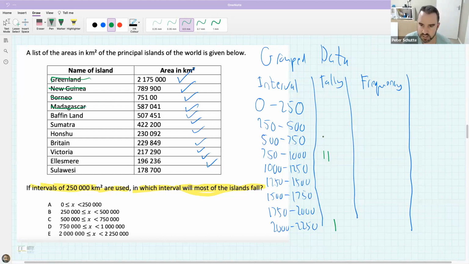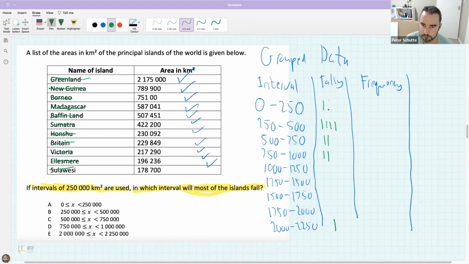So 587 is there. Bufferland, and I don't know where that is. Sumatra, 422. So Sumatra has to be here. Honshu, sounds like Korean or something, 230. So that can be there. Britain is there. Victoria, that sounds a bit like Australia. Ellesmere, seems like it's there.